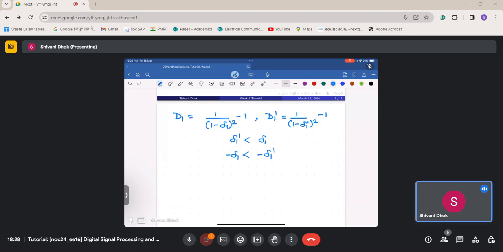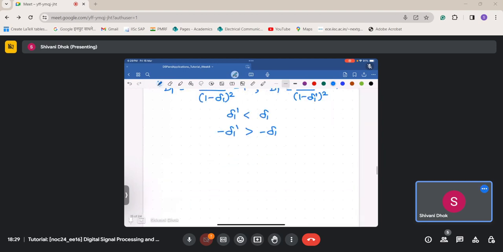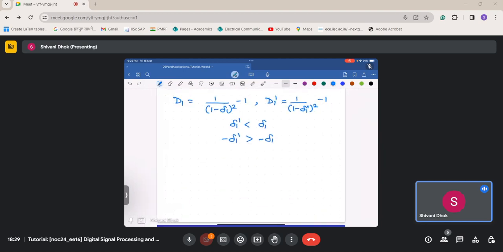Let me do it step by step. If I multiply by minus 1 on both sides, then this inequality will get reversed. If I add 1 on both sides, nothing will change. Now if I square on both sides, still nothing will change.